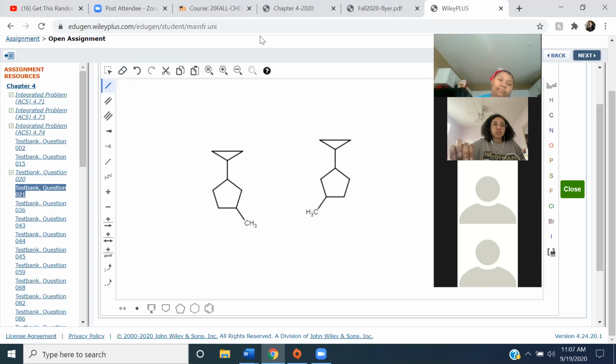Don't quote me on this, but I think you could have started the cyclo at 1 right here, and then 2, 3 did your methyl right here. Yeah, that would just be an isomer. And then you could have done that. Let me delete this. You could have done that too.